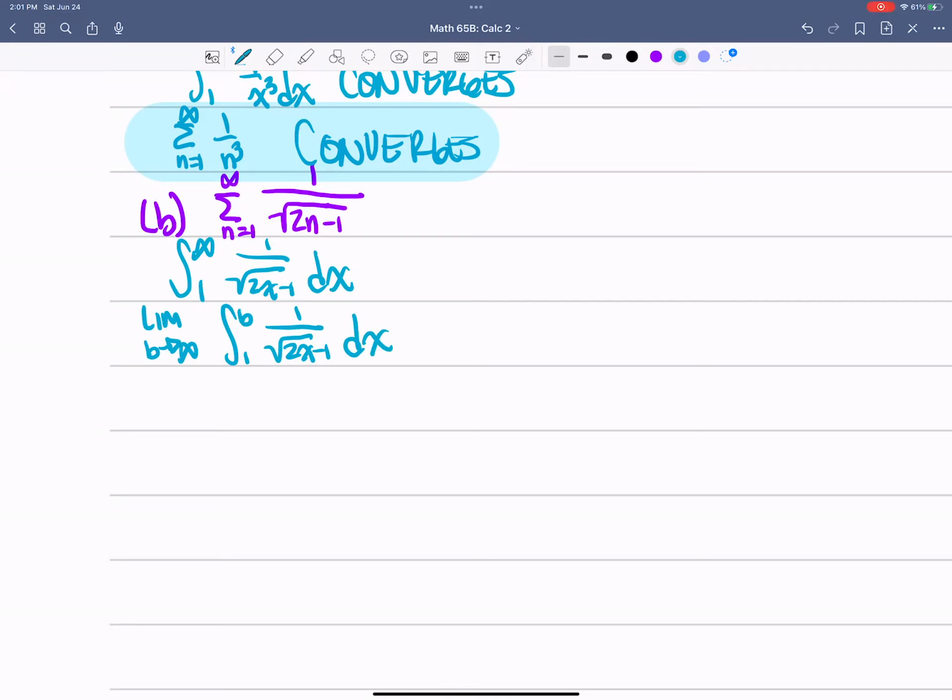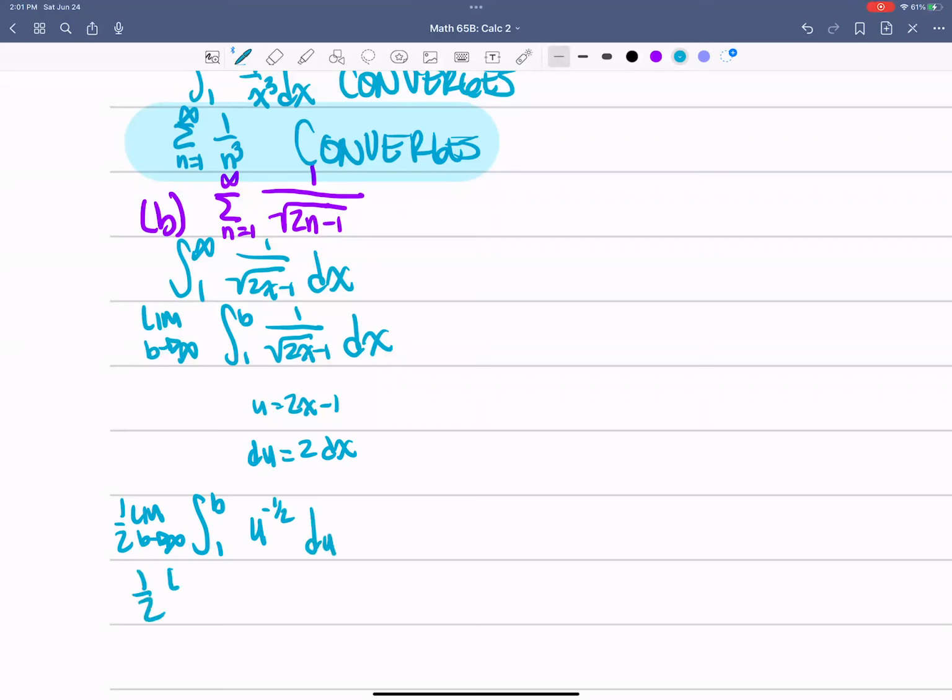Let's do a u substitution. Let u equal 2x minus 1. Du is equal to 2 dx. So we're integrating 1 over 2: the limit as b approaches infinity of 1 over 2 times the integral of u to the negative 1 over 2 du.